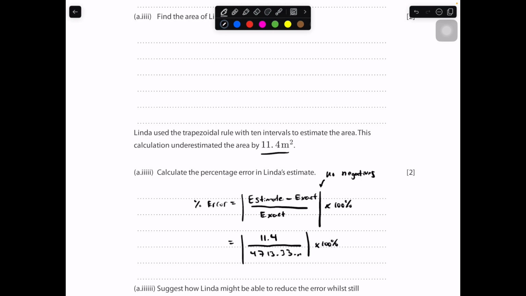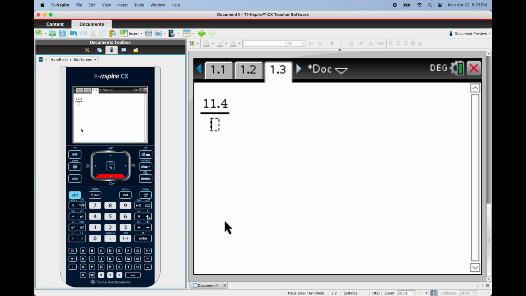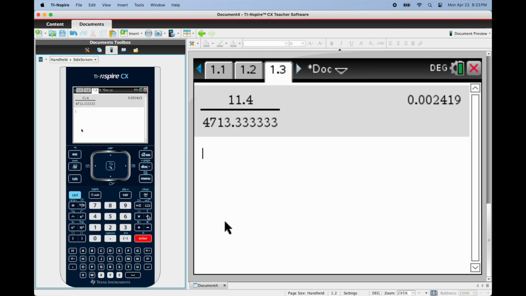Okay, let's go to the calculator and work this out. I'm actually going to work it out in parts. 11.4 divided by 4713.33, and so on. And then we'll multiply this by 100. And so this is our positive percentage.